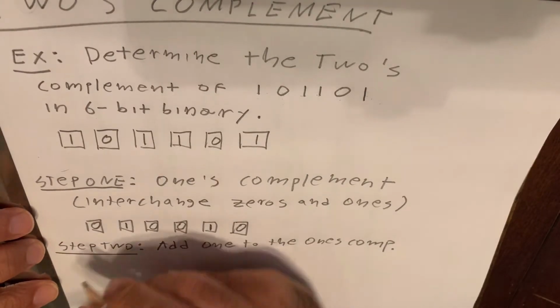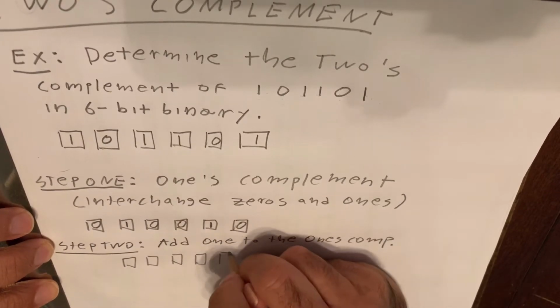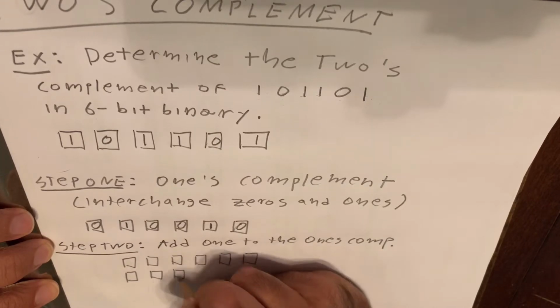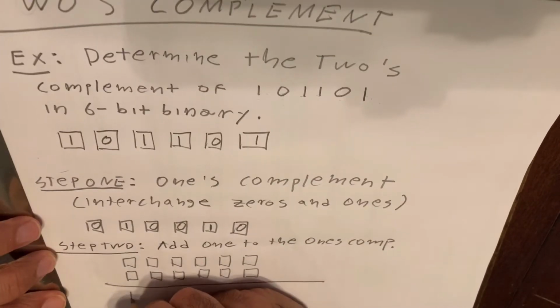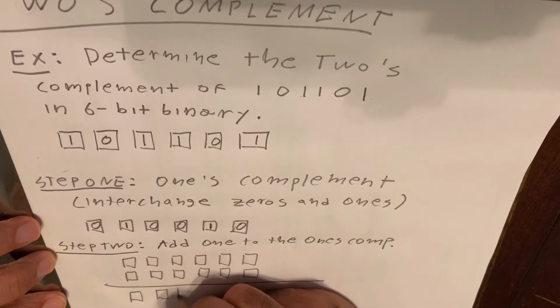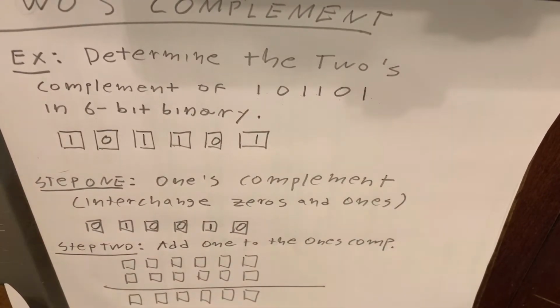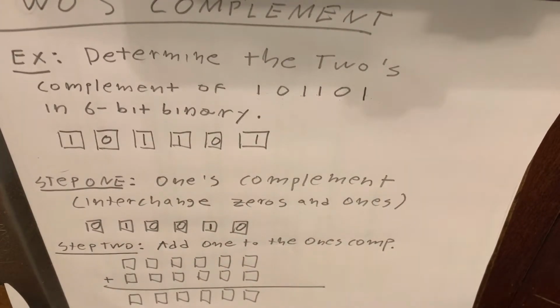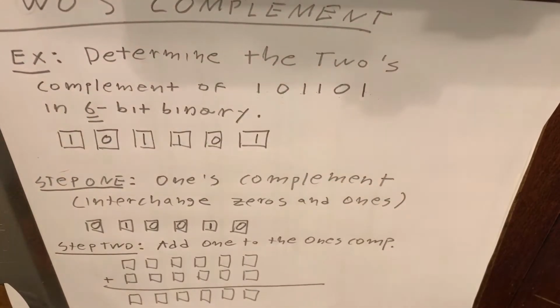I'm actually going to write 1, 2, 3, 4, 5, 6 squares here. 1, 2, 3, 4, 5, 6 bits here. And we only have 6 bits for our answer. So I want to emphasize the fact that this addition has to be in 6 bits. It could be in any fixed bit size, but we're doing 6 just as an example here.